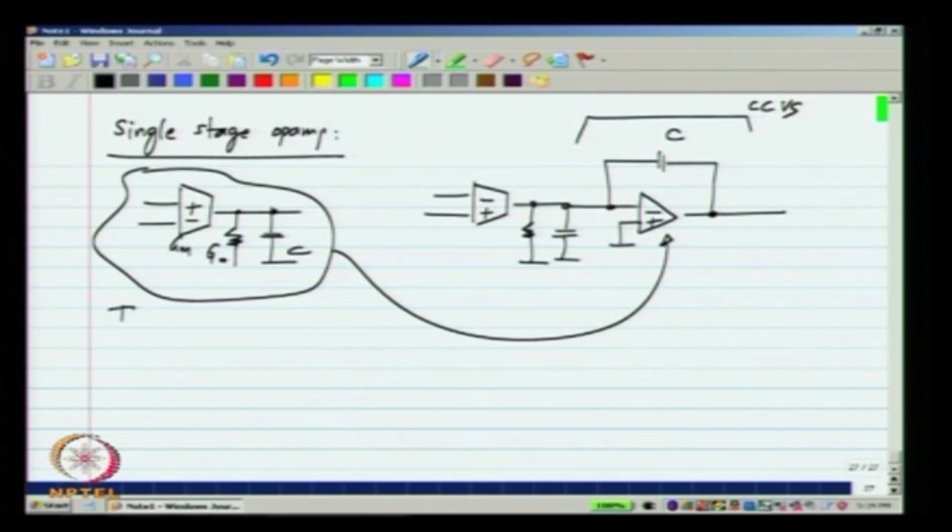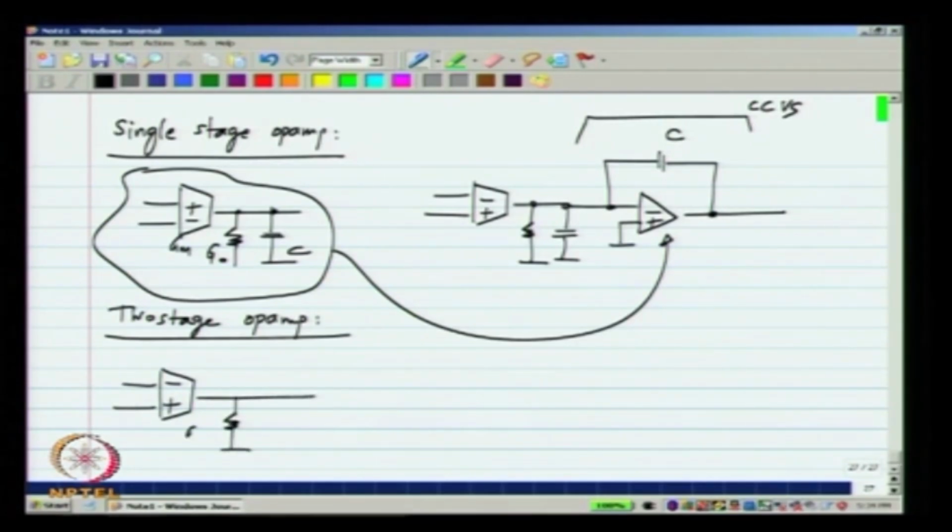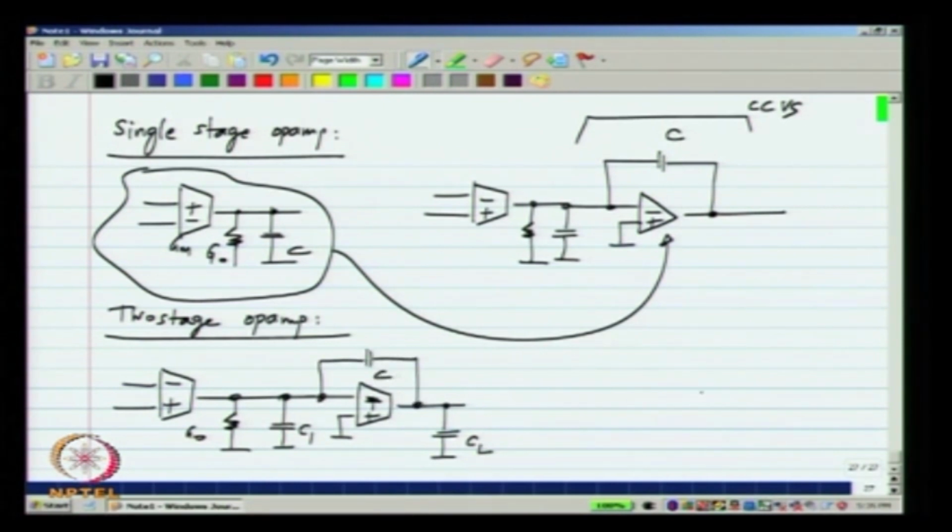And I ended up with the topology, which was the two stage op amp, which of course is that. Okay. By substituting the single stage op amp in place of this one, which realizes the current controlled voltage source, I got the two stage op amp.